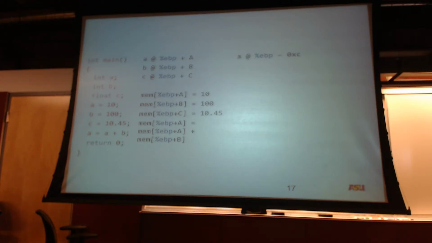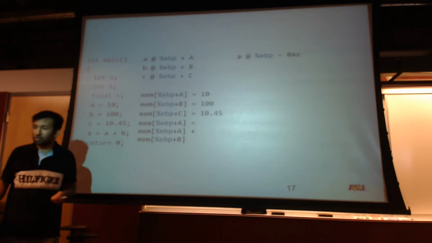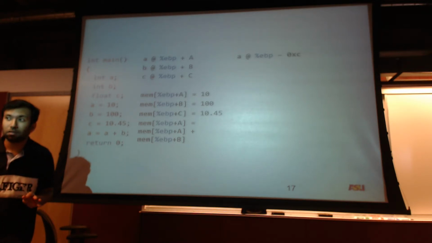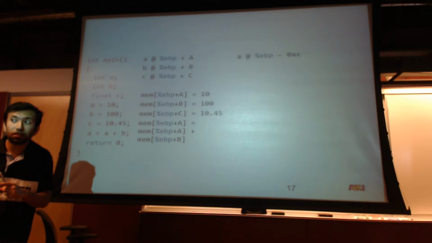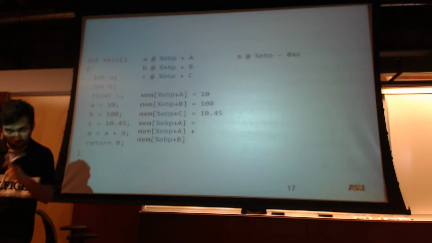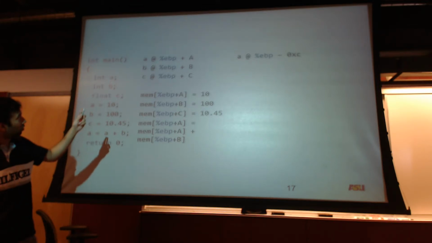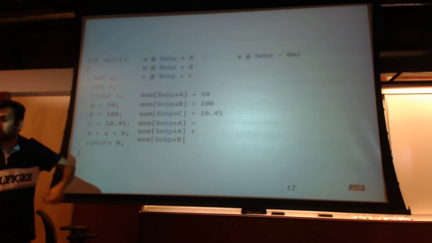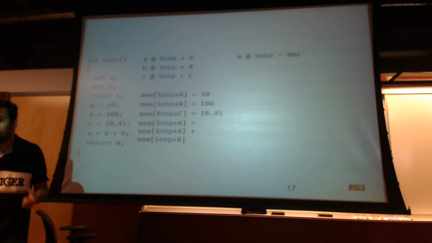So A goes to EBP minus C. Why minus? Because when you push, you decrement first.